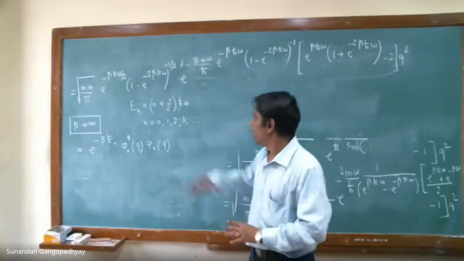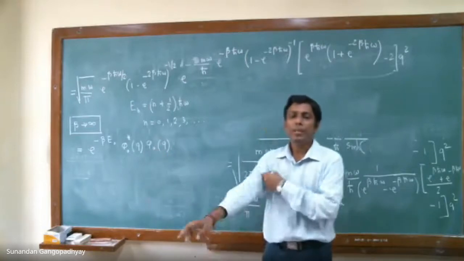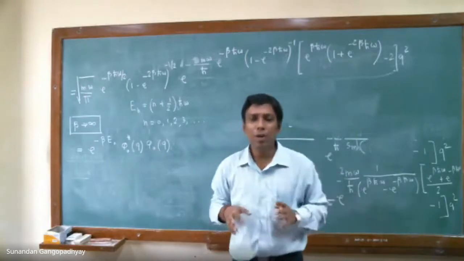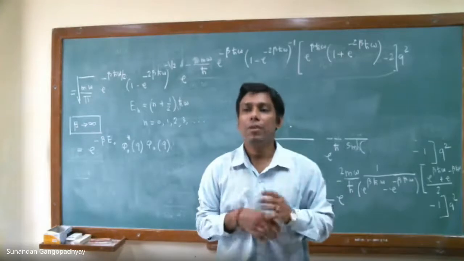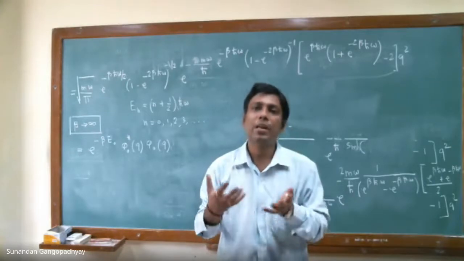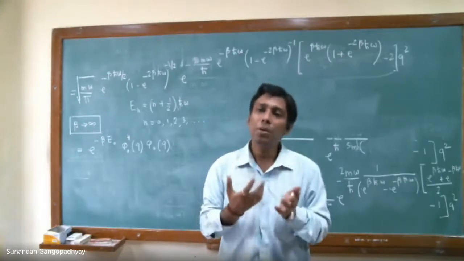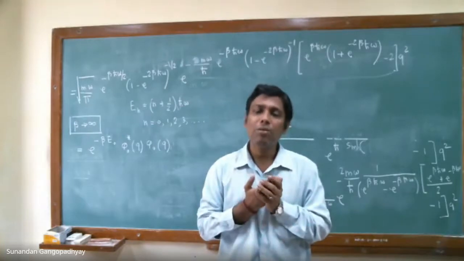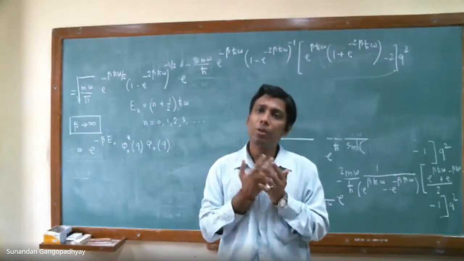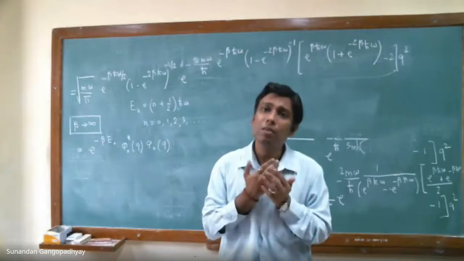But here we don't want to go into the complications of a quantum harmonic oscillator at a finite temperature. We want to calculate the energy eigenvalues and the energy eigenfunctions of a quantum harmonic oscillator at T equal to 0.